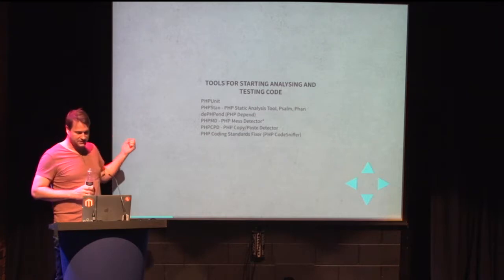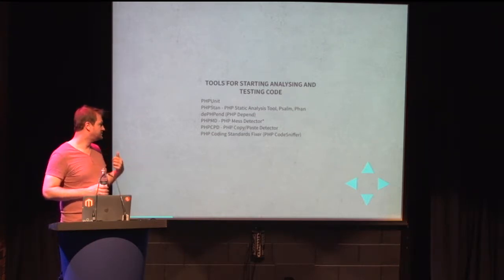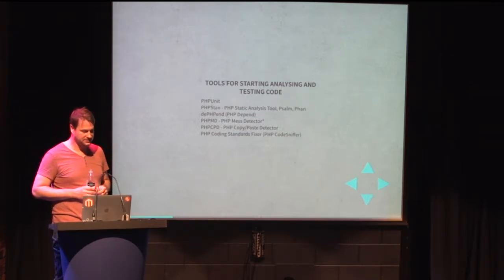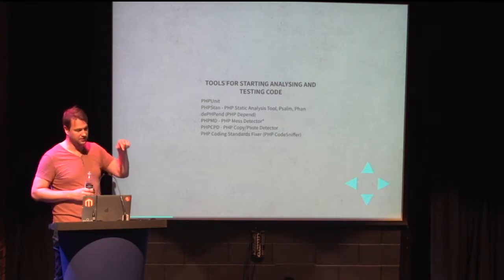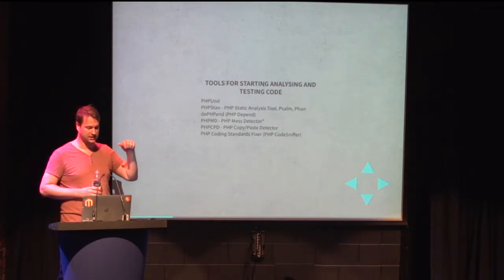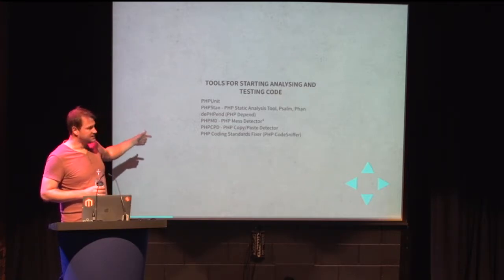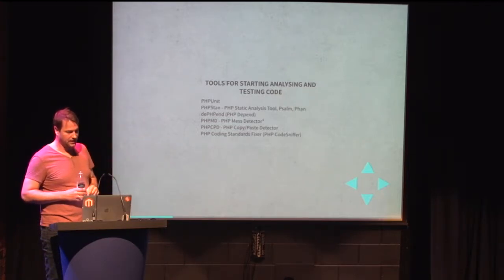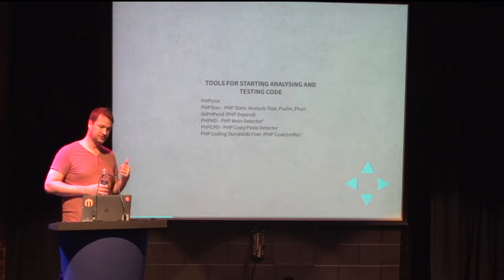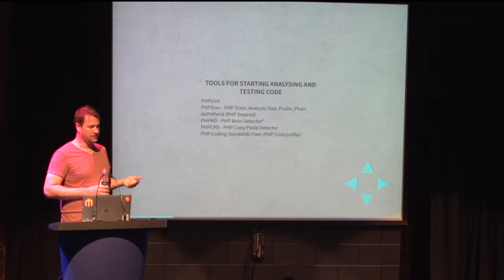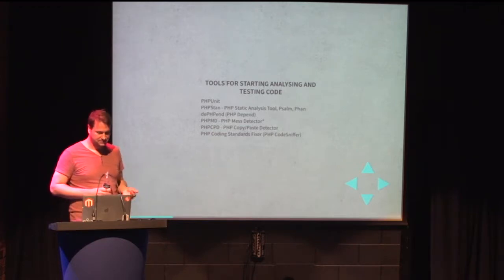So these are some tools to get started in testing your code on a static basis. It just looks into your files, like the code sniffer: are you coding according to the coding standards from Magento, or is your code even valid?